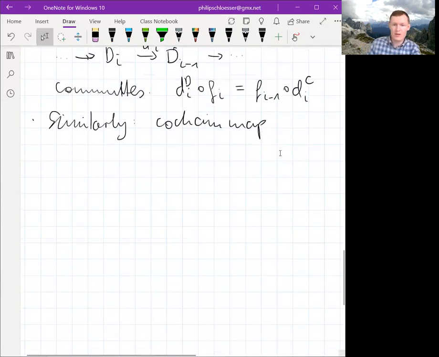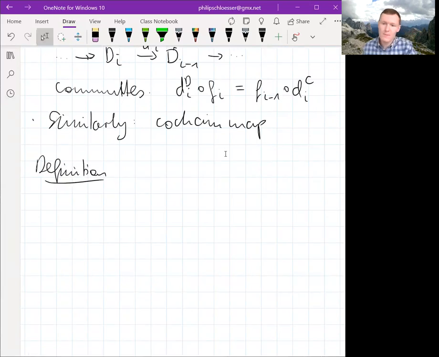Now the definitions don't really stop, but I guess this was sort of to be expected.